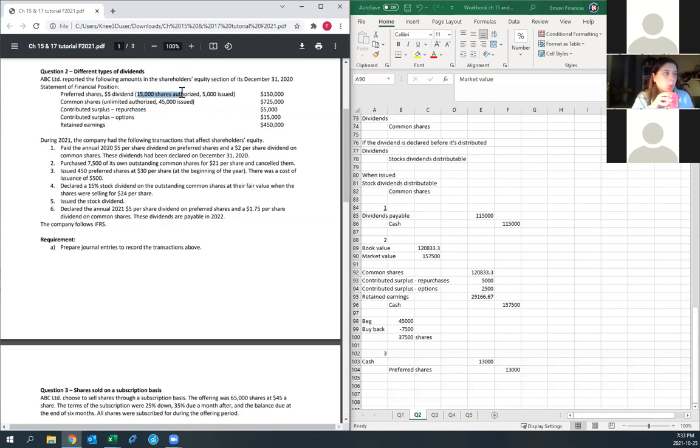If they issue nothing, they cannot cancel anything, right? They can't cancel what hasn't been issued. So I would take the authorized amount in that case. Because, just for clarification, when you calculate repurchase and then cancellation, the amount of cash that you pay is pretty straightforward.